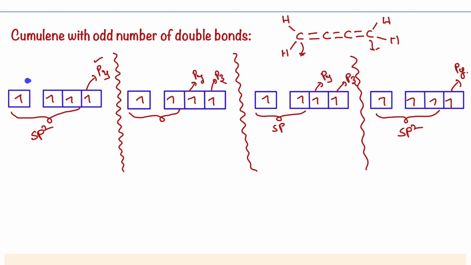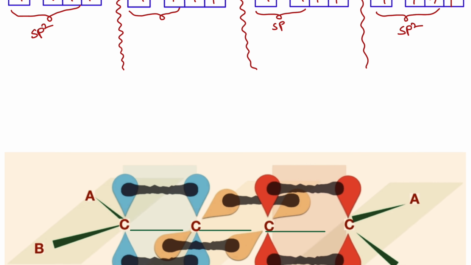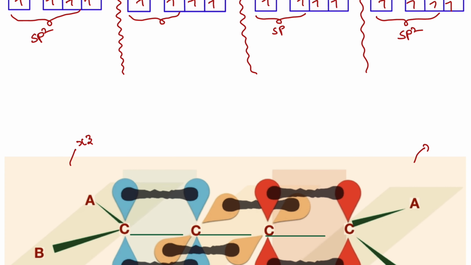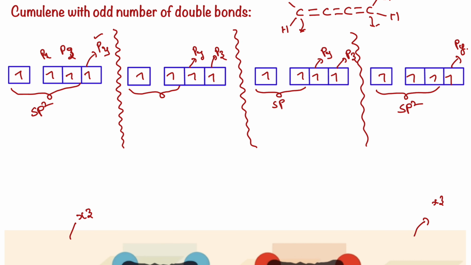Now what will happen here, these orbitals will form sigma bonds. It's very clear. This is px and pz, px and pz. So these sigma bonds are in the xz plane. These sigma bonds are also in the xz plane. Okay, first let us see the sidewise overlapping of orbitals.